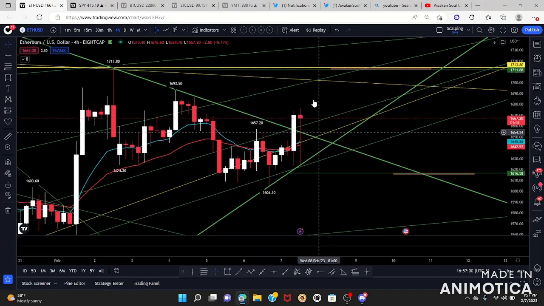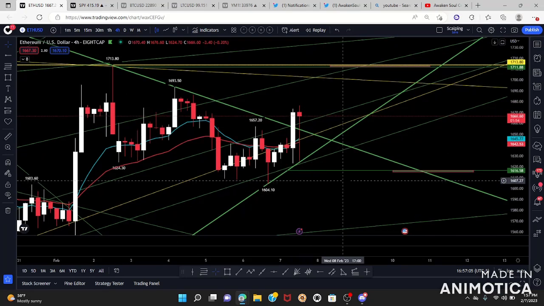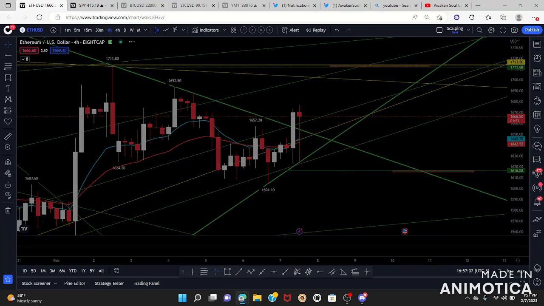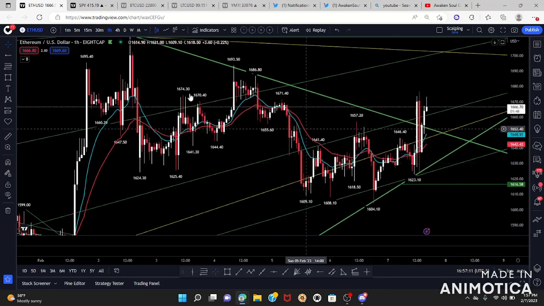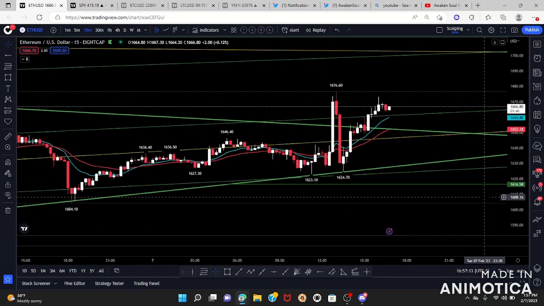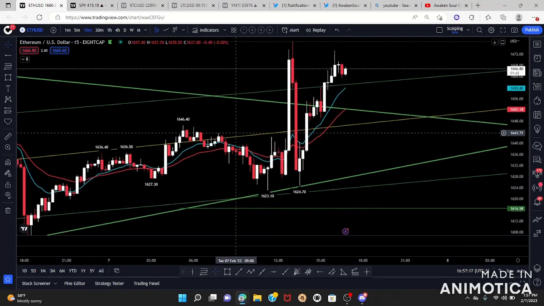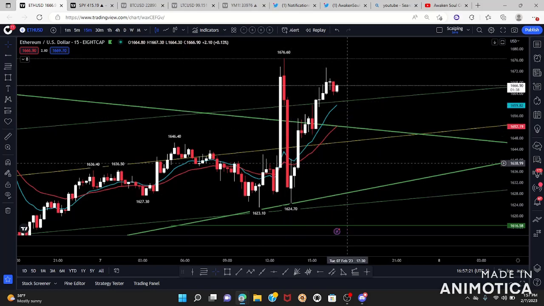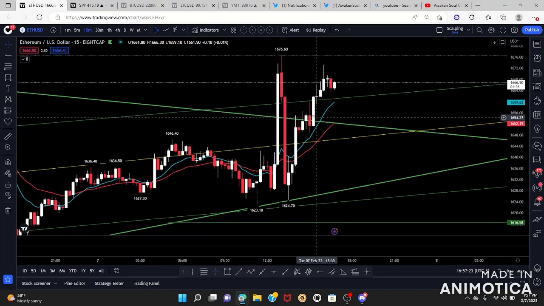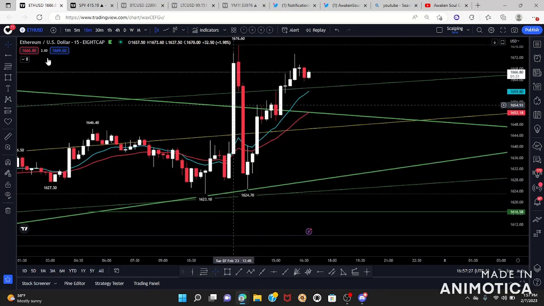So for me to confirm this long, right, I would have to go into my smaller time frames. I like to confirm with the 15-minute trend line, 15-minute time. So whenever it breaks out of a trend, usually it retests, but a 15-minute candle has to close in either direction.